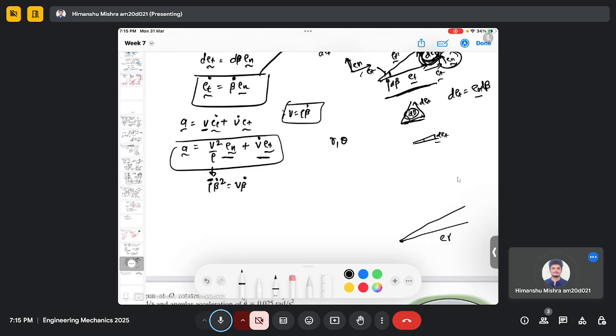So this is radial direction and this is change in the radial direction. And this is theta direction and this is change in the theta direction. And you can see that the change in the radial direction, and this angle is d theta.